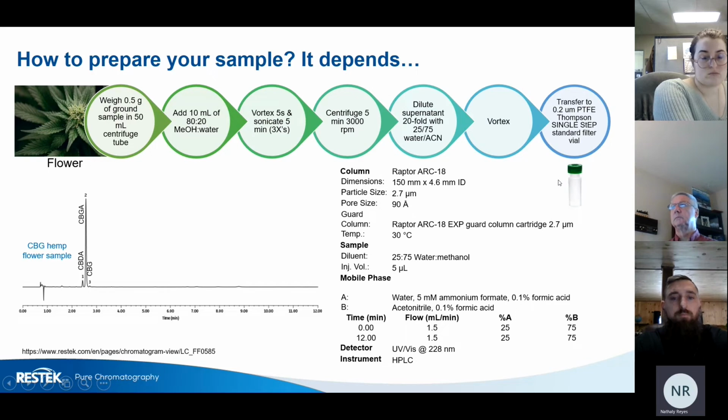Here we have a chromatogram corresponding to a CBG hemp flower. This chromatogram was obtained using our Raptor ARC-18 column of 150 by 4.6 millimeters, and the flow rate used was 1.5 milliliters per minute.